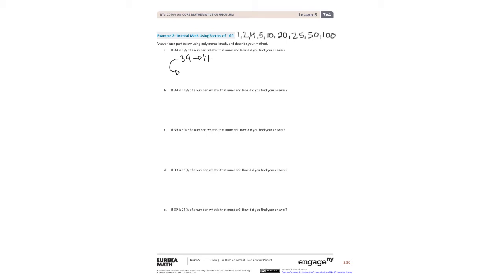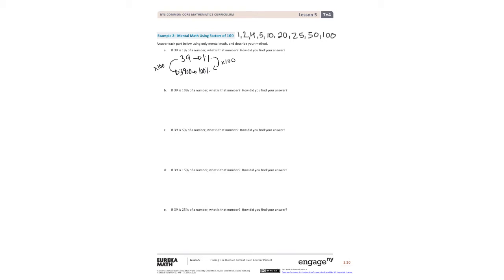That means we want to get our 1% to 100%. To do that, we have to take 1% times 100 to get to our 100%. And what I do to one side, I need to do to the other. So now I have 39 times 100, and that's going to give me 3,900.